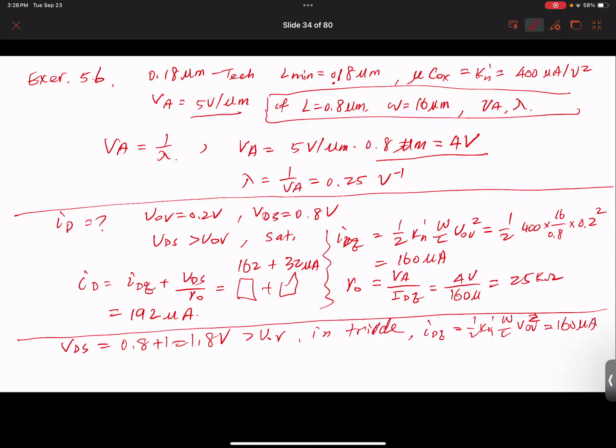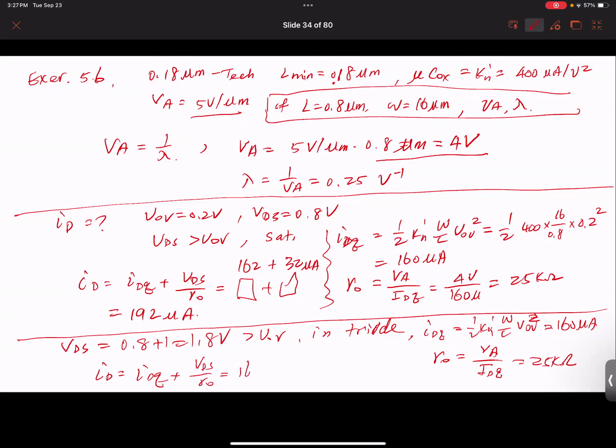But VDS changed, so our ID is going to be IDQ plus VDS over RO. RO doesn't change because RO is VA over IDQ, which is still 25 kilo ohms, because VA and IDQ didn't change.